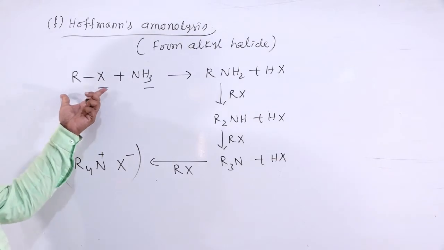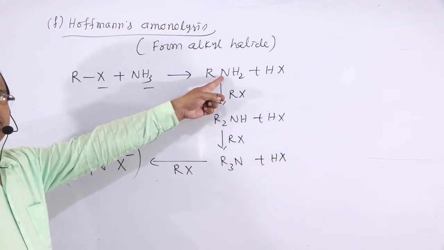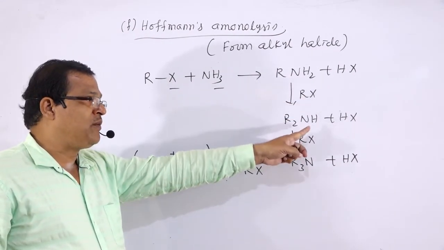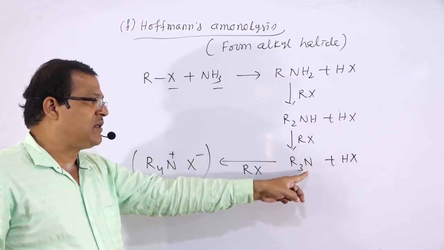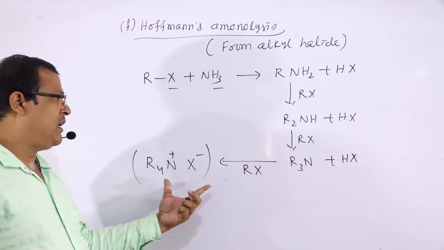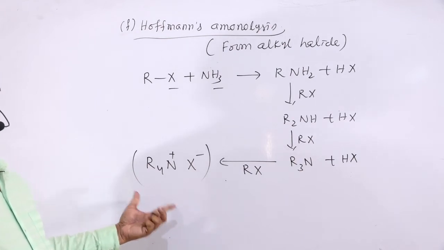That is, alkyl halide treated with ammonia forms a primary amine. The primary amine so formed again reacts with alkyl halide to form a secondary amine. The secondary amine again reacts with alkyl halide to form a tertiary amine. And the tertiary amine reacts with alkyl halide to form a quaternary ammonium salt.